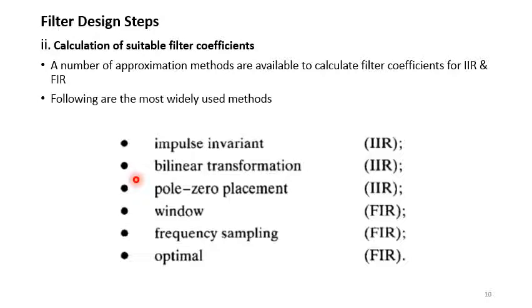For IIR, we have the impulse invariant method, the bilinear transformation method, and the pole zero placement method. These are the most widely used methods for IIR systems. Similarly, for FIR, we have the window method, the frequency sampling method, and the optimal method. So we'll talk about it in the following weeks, maybe.